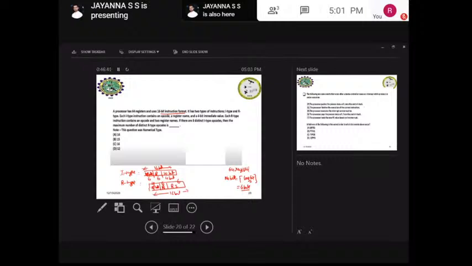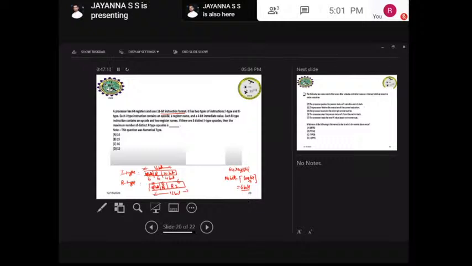Next we have to calculate the maximum number of distinct R type opcodes. When calculating this, we can change the registers. There will be 64 registers. By taking different permutations, you will get a different number of instructions that we will calculate. In the given problem, they mentioned there will be a 16-bit instruction format.